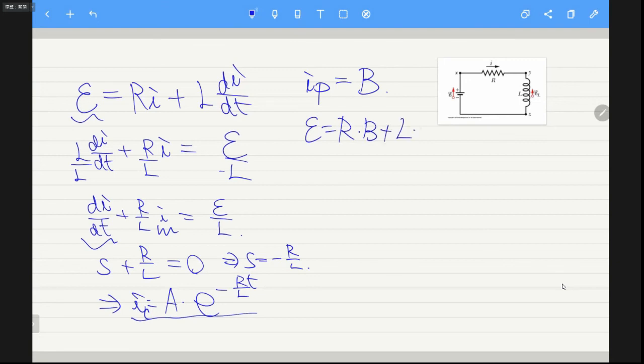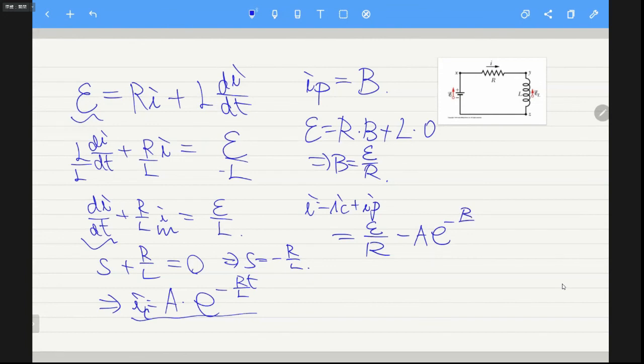The derivative of a constant is 0, so B is E over R. So I equals I_C plus I_P, which is E over R minus A exponential to minus R over L t.